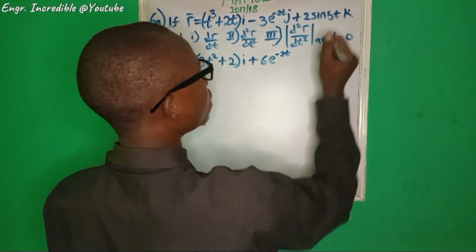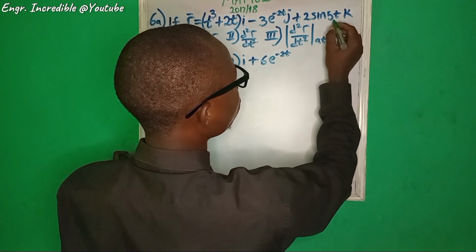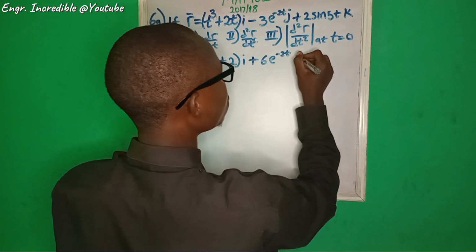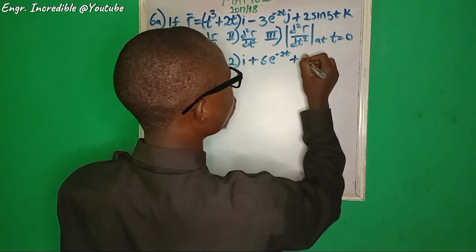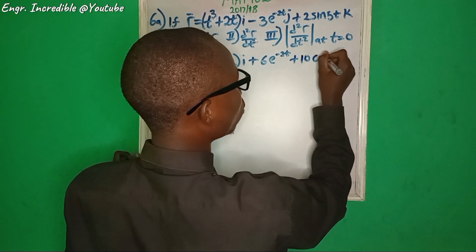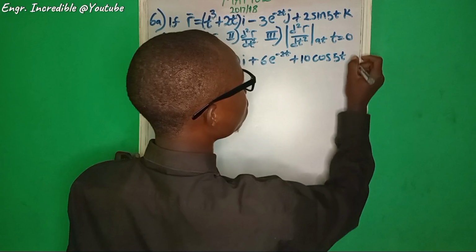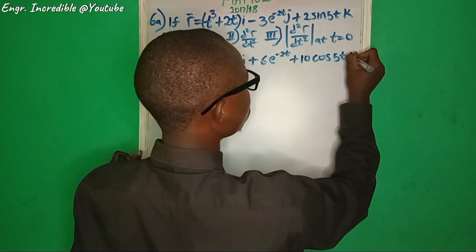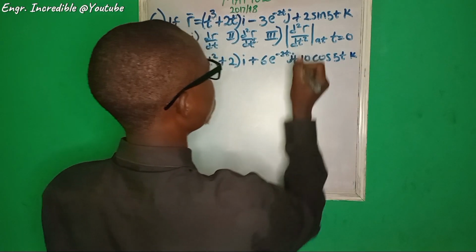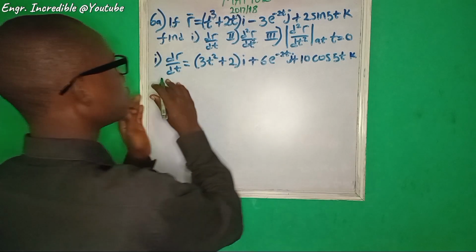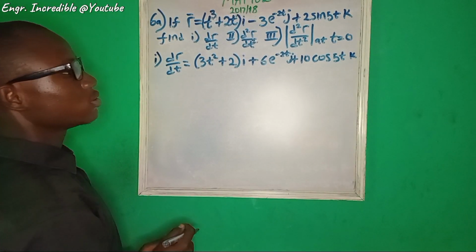Then here too we differentiate this, we have plus 5 times 2, 10 cos 5t for k. This one is for j and that one is for k. So this is the answer for dr/dt.